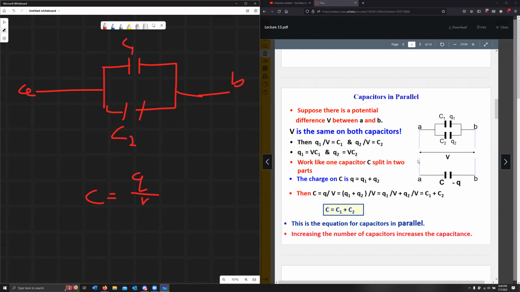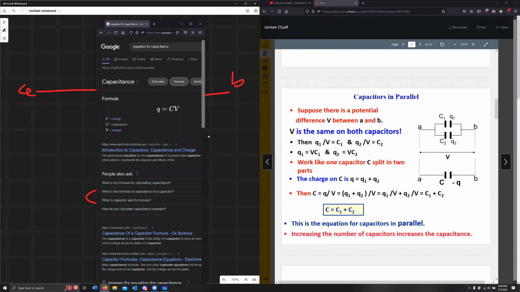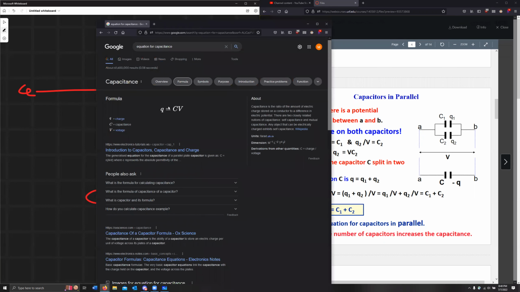So in this case, you're looking at the charge at this capacitor divided by the overall voltage gives you that capacitance. And this is actually the general formula for capacitance. So if you look it up, this is what you get: Q is equal to CV. Q is your charge.